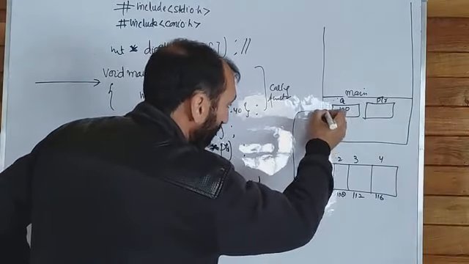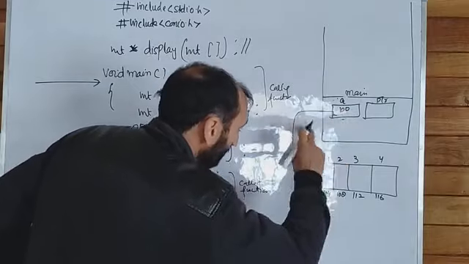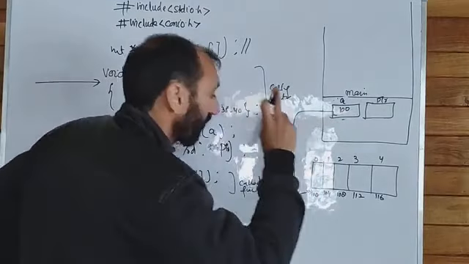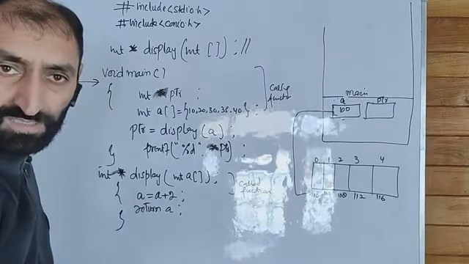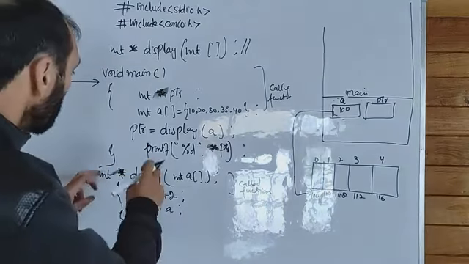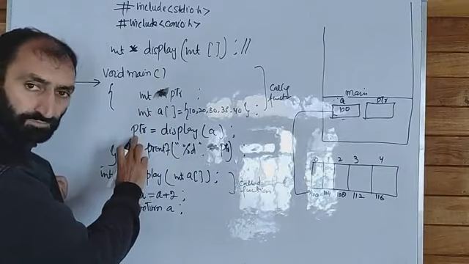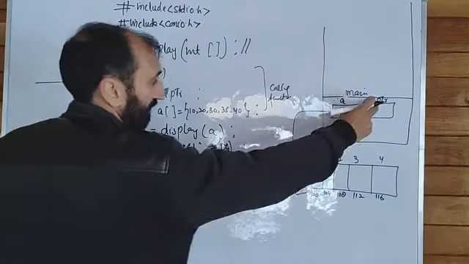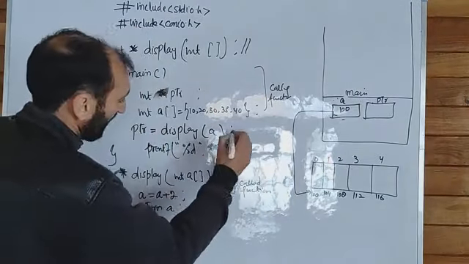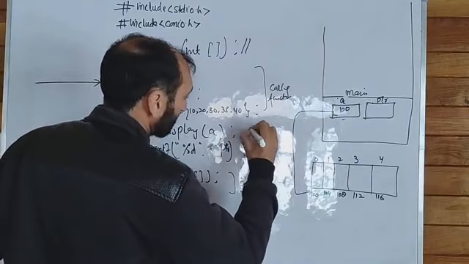That means 100. This a points to this location, the 0th location of the array. Okay? Are you getting it? And PTR is the variable which I have declared here. And here it is a function call.